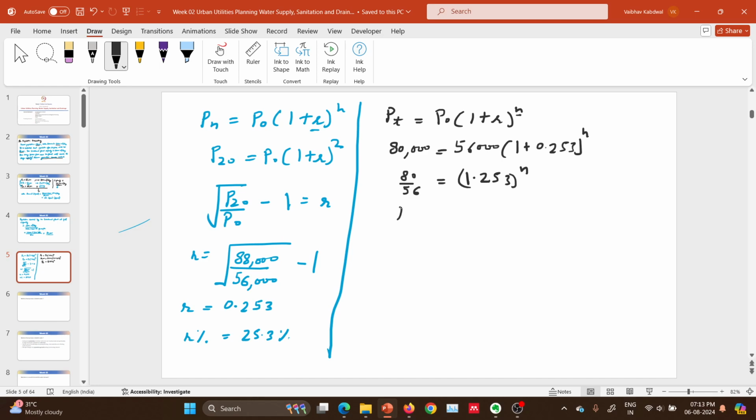Let's take log on both sides: log of 80 divided by 56 equals n log 1.253.